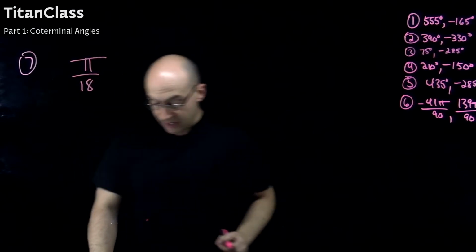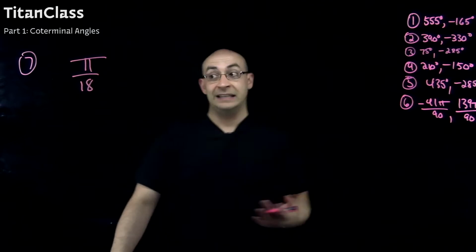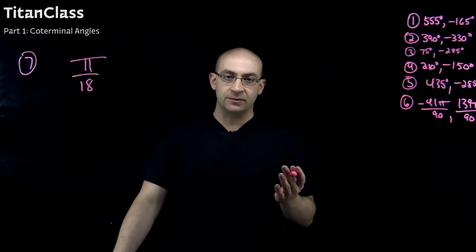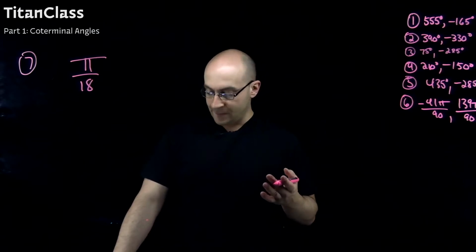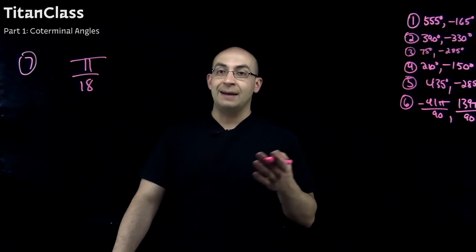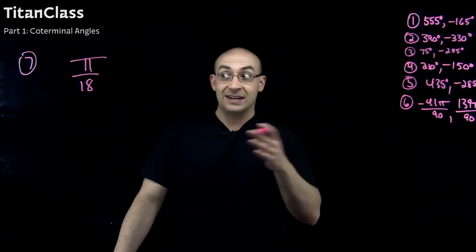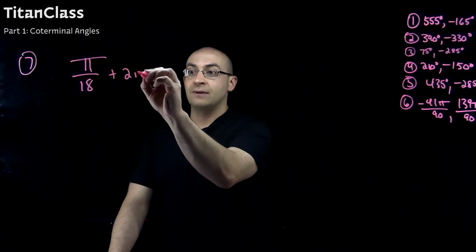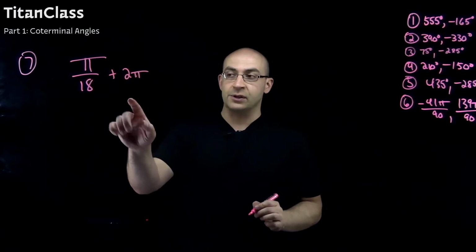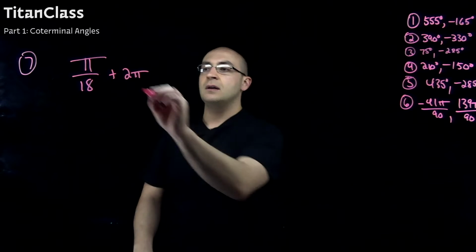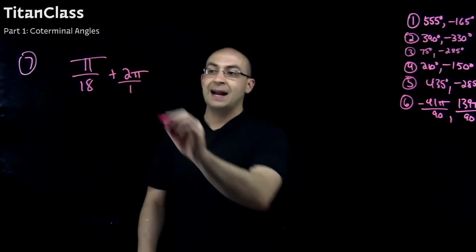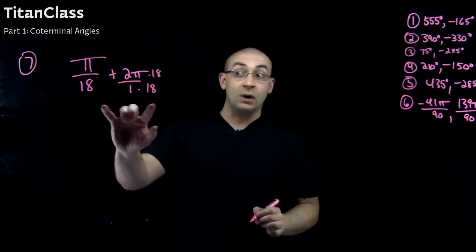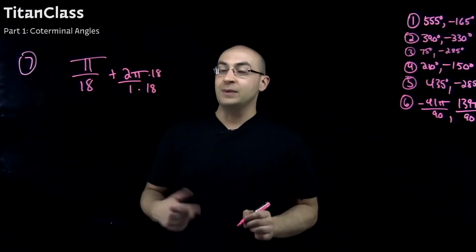Pi over 18 is definitely, at least it appears to be, within one revolution. That's not really super important for us now because we're not graphing it. But again, I want to make a positive coterminal, or the next positive coterminal, and a negative. So I'm going to be adding one full revolution to that. That's one full revolution, but it's not in the same terms. I need to make it into the same terms by putting 1 under the denominator and multiplying by 18, because now, once I calculate this out, it will be in those terms.